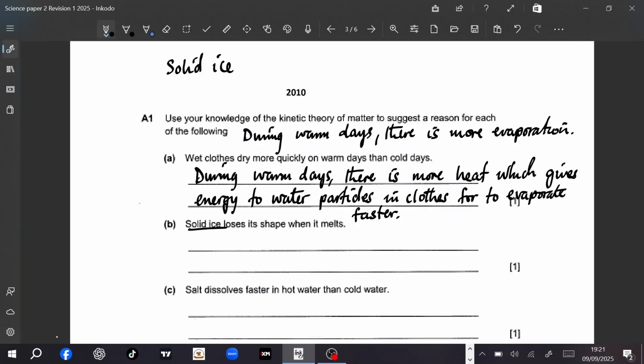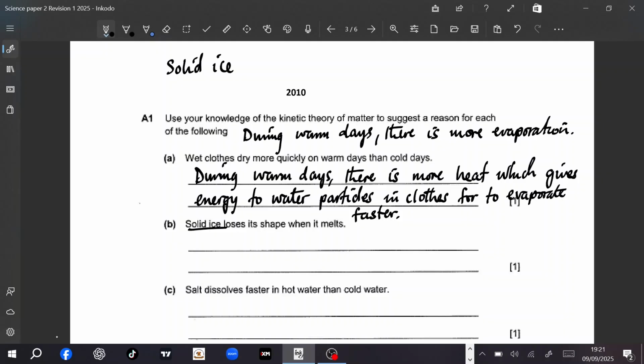Why does solid ice lose its shape when it melts? It changes shape. Because forces of attraction holding particles together in a solid become weak.